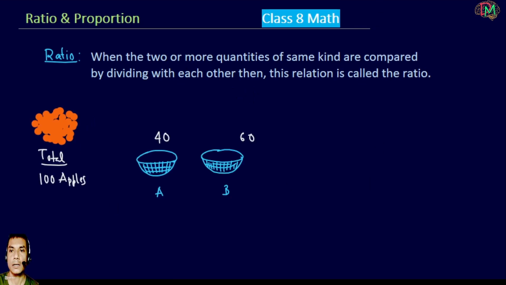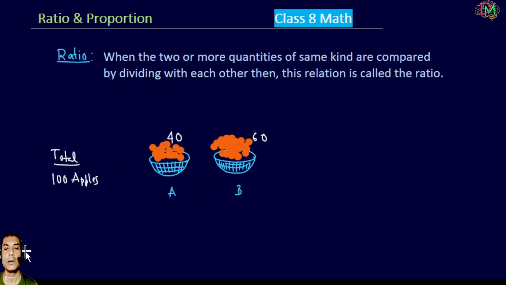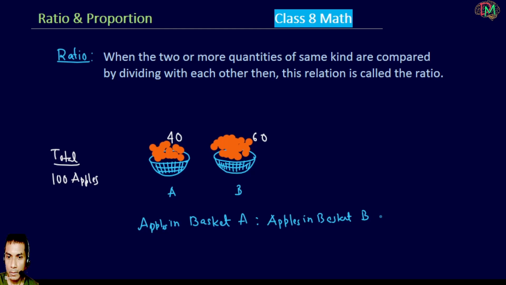Suppose there are 100 apples and two baskets, A and B. We have to separate these apples into the two baskets with 40 and 60. Now if someone asks you what is the ratio of the apples available in basket A and basket B, this ratio is 40 is to 60.